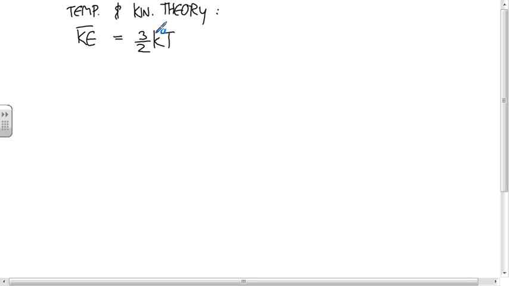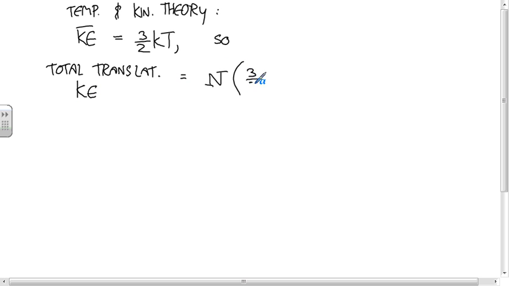Okay? So the total translational kinetic energy is equal to the number of molecules times 3/2 kT.